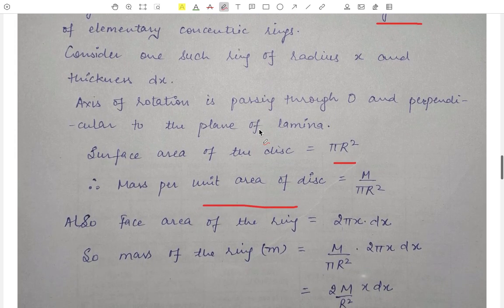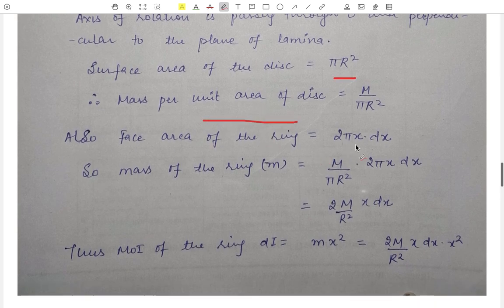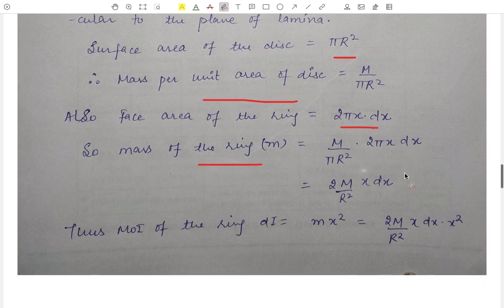Therefore, the surface area of the ring is 2 pi x into dx. Therefore, the mass of the ring, that is small m, comes out to be the mass per unit area of the disk, m upon pi r square, into the area of the ring, 2 pi x into dx. That is equal to 2m upon r square into x dx.